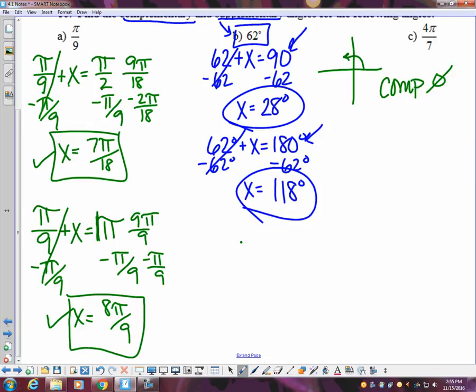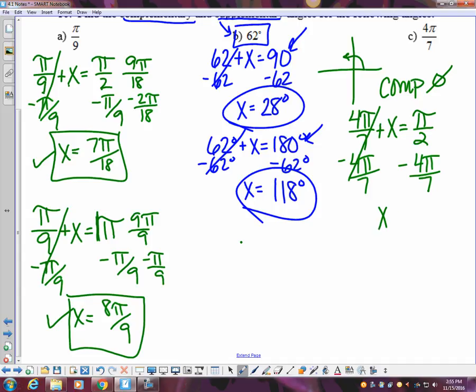If you're not on your toes and you don't see that, this is what it's going to look like when you set it up. 4 pi over 7 plus something should equal pi over 2. Complement is due north. Subtract your 4 pi over 7. Go get a common denominator, which would be 14. 7 to 14 is 2, so that would be a negative 8.